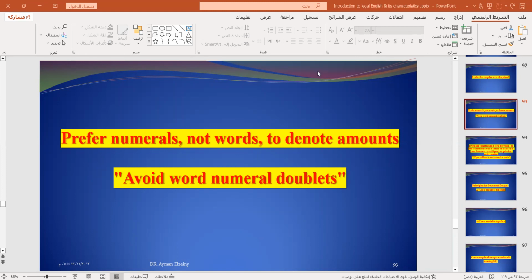But this rule has 4 exceptions. The first exception: if a passage contains some numbers below 11 and some above 11, and the things being counted all belong to the same category or type, use numerals consistently.